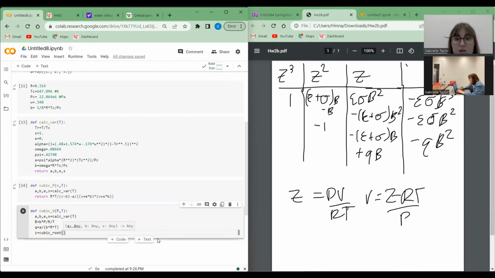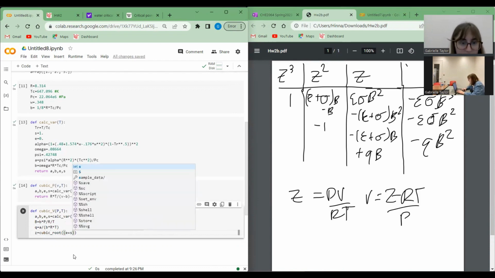The first one is going to be Z squared, then Z, and then our regular ones without Z. So the first one's going to be epsilon plus sigma times beta minus 1.